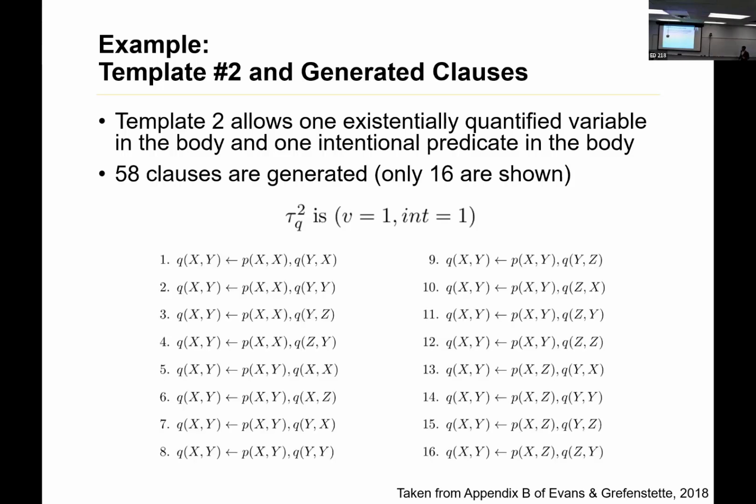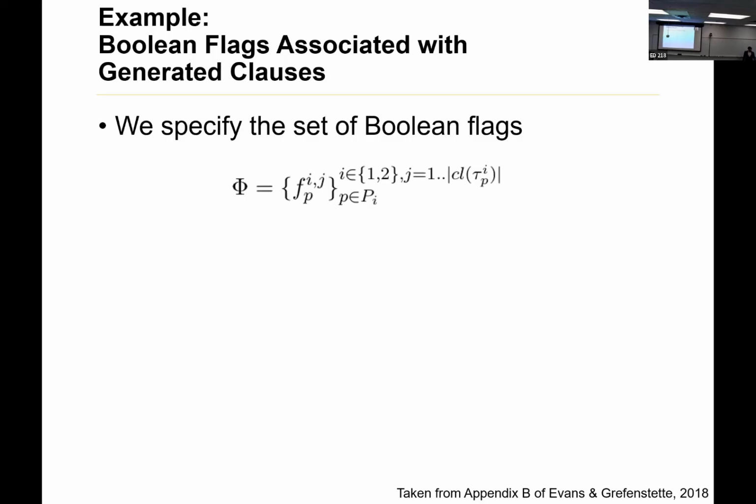By the way, this is all in Appendix B of the paper, but here's a listing of them. Again, some of them could be pruned away. I think the redundant ones weren't shown. All right, so let's associate these with some Boolean flags. Here's a set of Boolean flags.